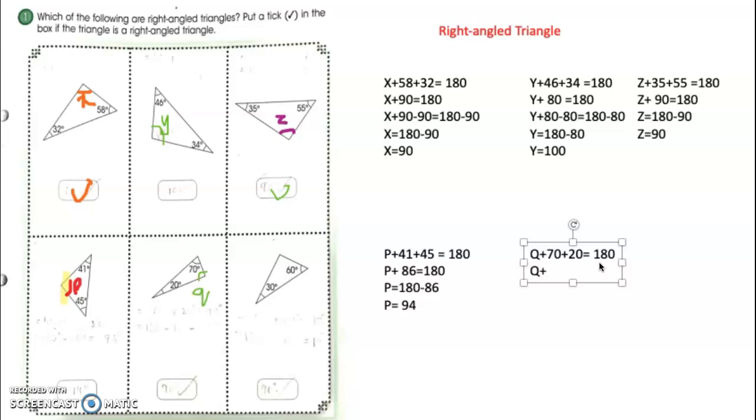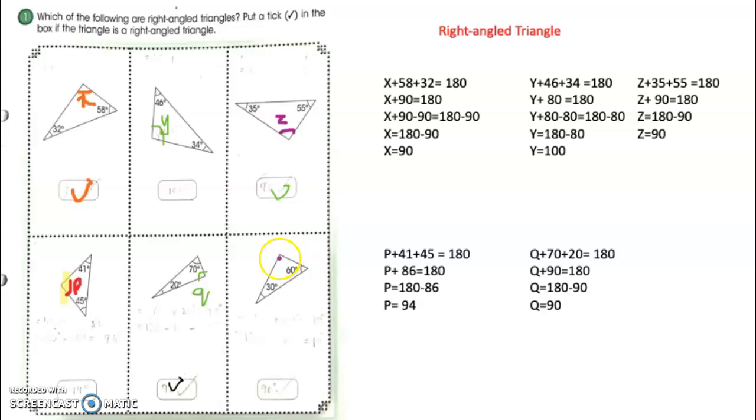Q plus 70 plus 20 is 90, right? Now Q is equal to 180 minus 90, which is equal to 90. Therefore, we know that this Q is 90 degrees, therefore it's a right angle triangle. You can tick it.